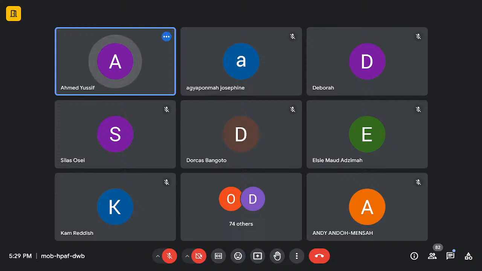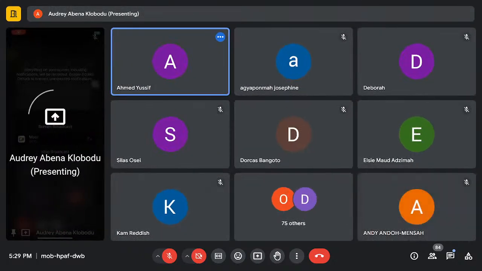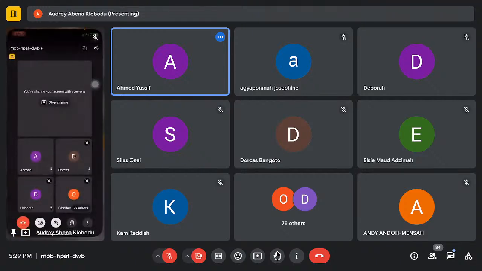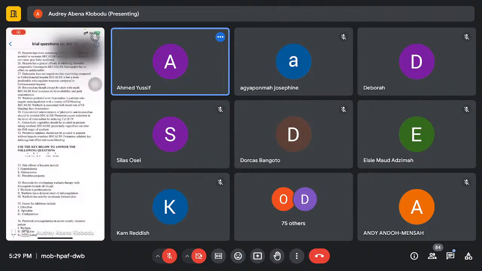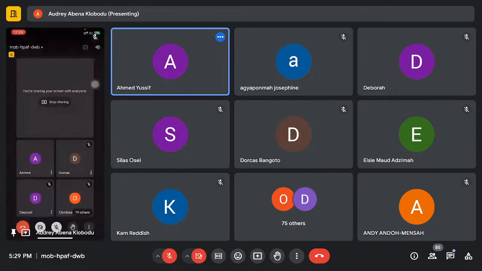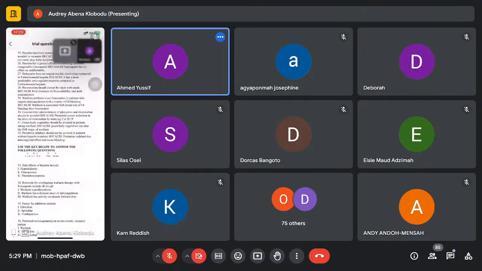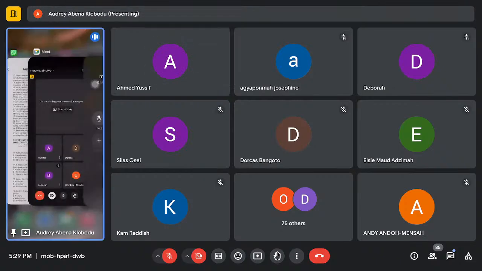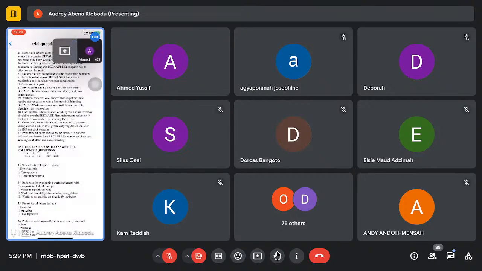Hello, is anyone taking over the sharing of the screen? Please, can you see what's on the screen? Yeah, we can see.